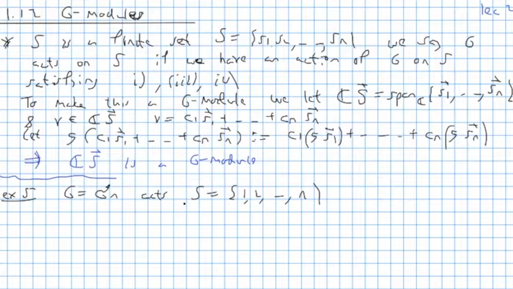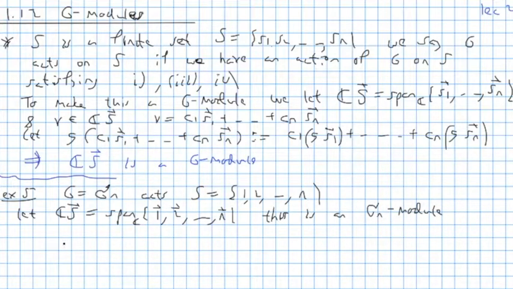Now, if we let CS be just the span, and I'm going to write these numbers in bold, so they mean vectors. The vector corresponding to the number i is the ith elementary vector in some sense. So this would be an S_n module.